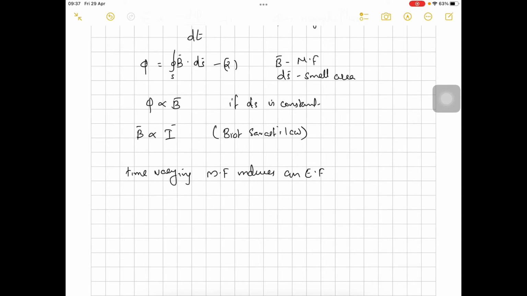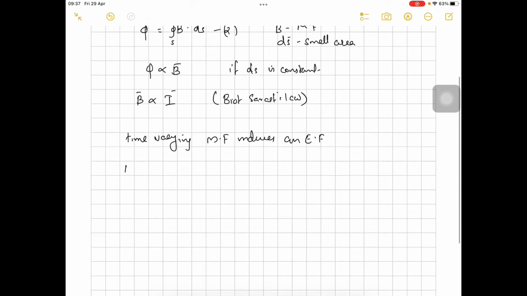And according to Lenz's law, the induced current will oppose the change in magnetic flux. According to Lenz's law, nature abhors the change.